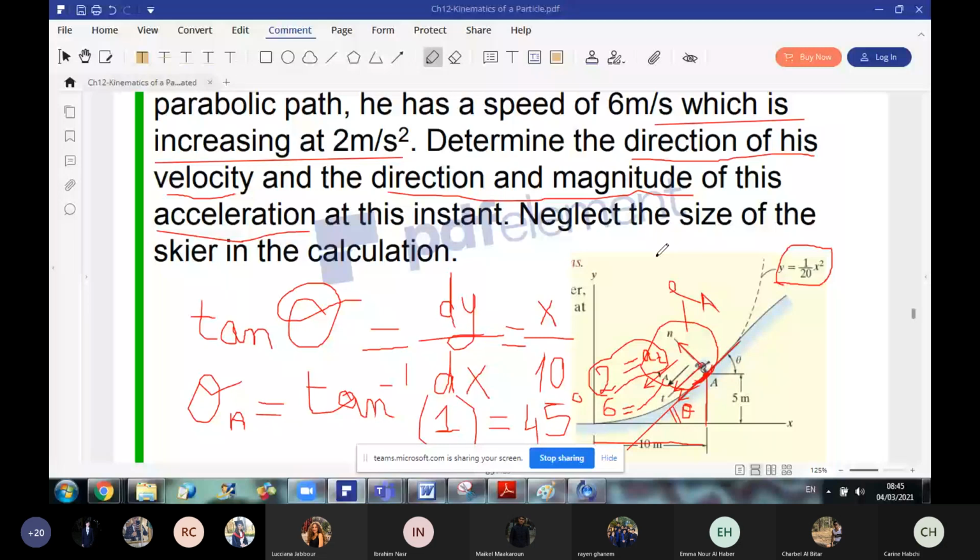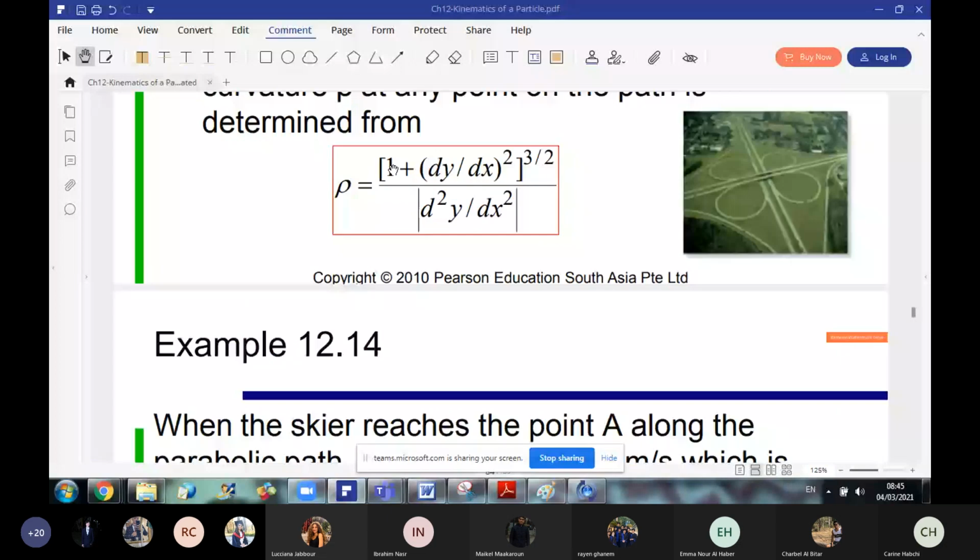The formula is 1 plus dy by dx squared, the square applies only to dy by dx, all to the power 3 over 2, over the absolute value of the second derivative. We take the absolute value of the second derivative because rho is a positive number.